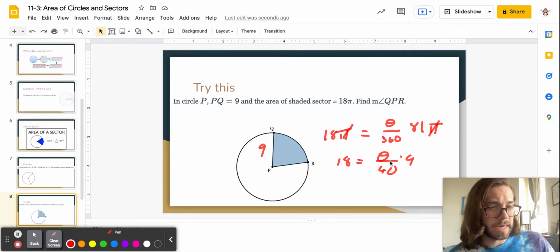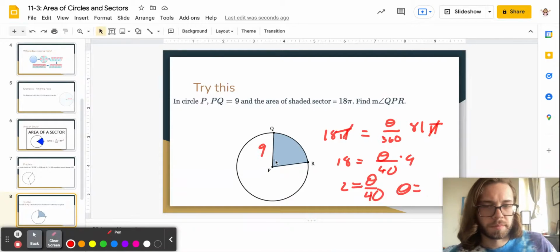I'm going to divide by that because I don't want to deal with it. So if I divide by the 9, that would give me 2 is equal to theta over 40 times 2. So theta, or the angle, which tells us is this angle. Again, I just don't feel like writing the whole thing out, so I'm just calling it theta. Is 80 degrees. And there you go.